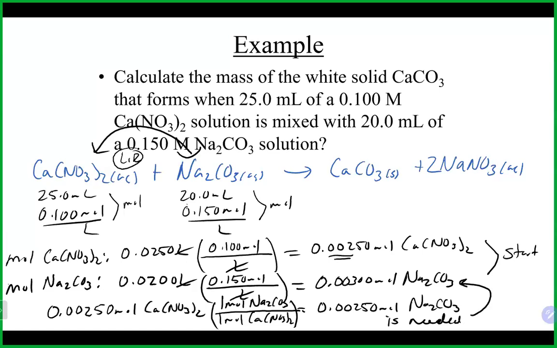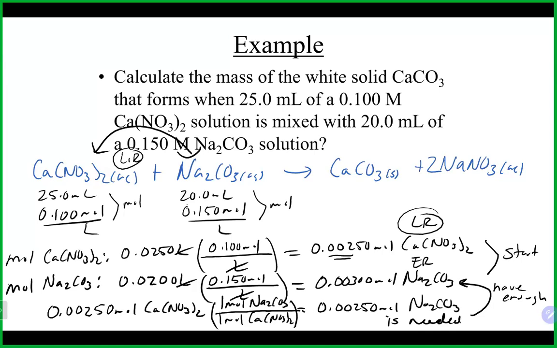That again is what we want to compare to our starting amount. And in this case, we need 0.0025 moles. We are starting with 0.003. That means we do have enough. And that's going to tell us that sodium carbonate is our excess reagent, and it's actually our calcium nitrate here, which is our limiting reagent.